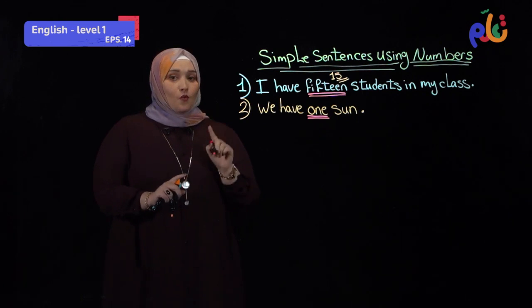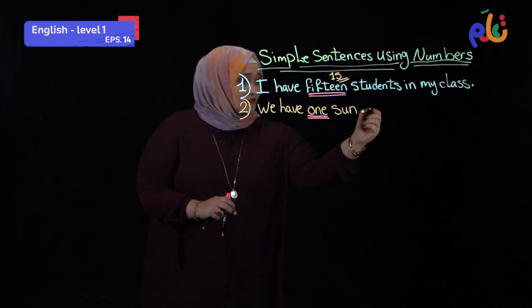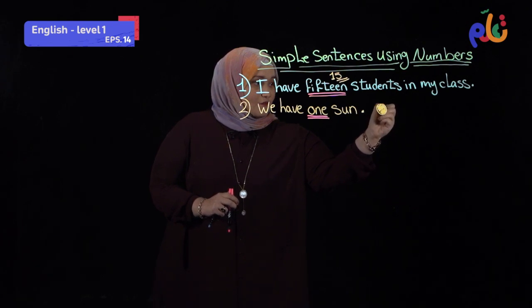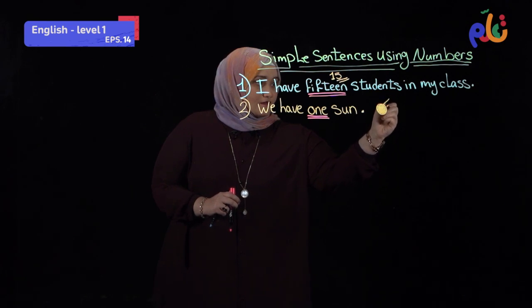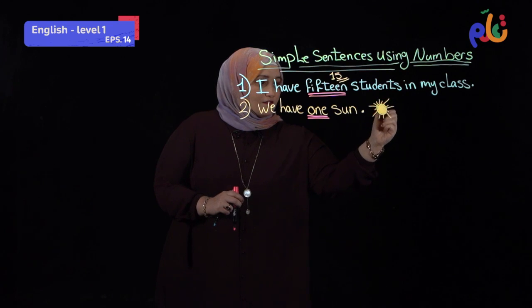We write it one. Okay. And I would like to draw a little sun over here. We have one sun. Okay, we have one sun.